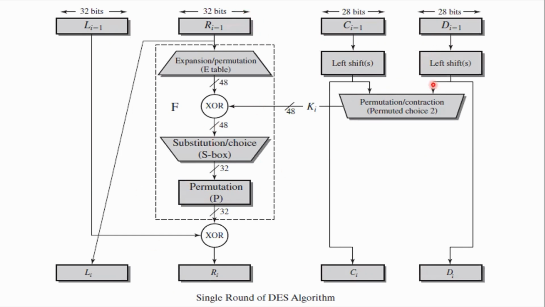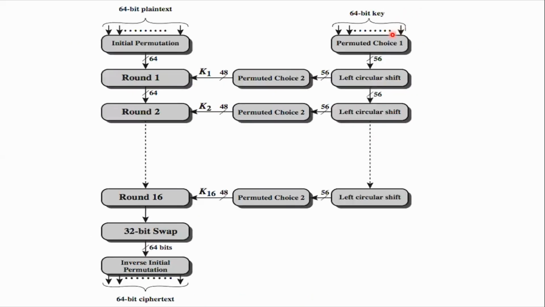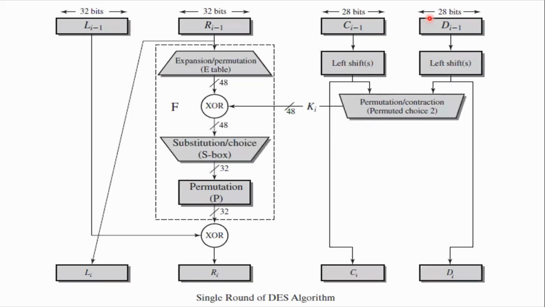What is happening in the key generation part? You are getting a 56-bit key after permutation. So first, permuted choice one, you are reducing. This is a compression step. From a 64-bit key, you are generating a 56-bit key. Once you get the 56-bit key, you are dividing it into two halves.